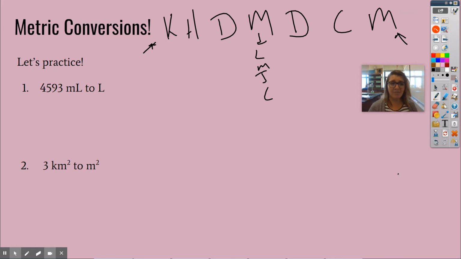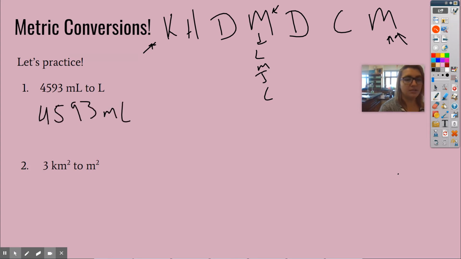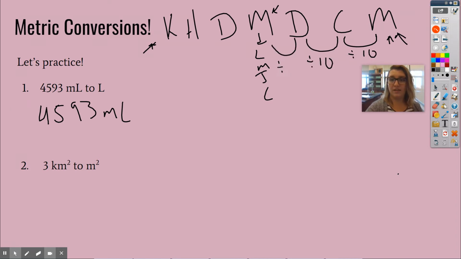So I'm asking you to go from milliliters to liters. We have 4,593 milliliters. An easy way to do this is, if you go left, remember you always divide. If you go right, you multiply. So we're gonna divide 4,593 by 10, by 10, by 10.